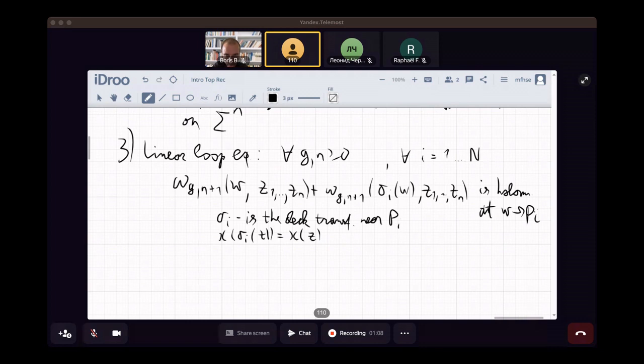And then we have what's called the quadratic loop equation.